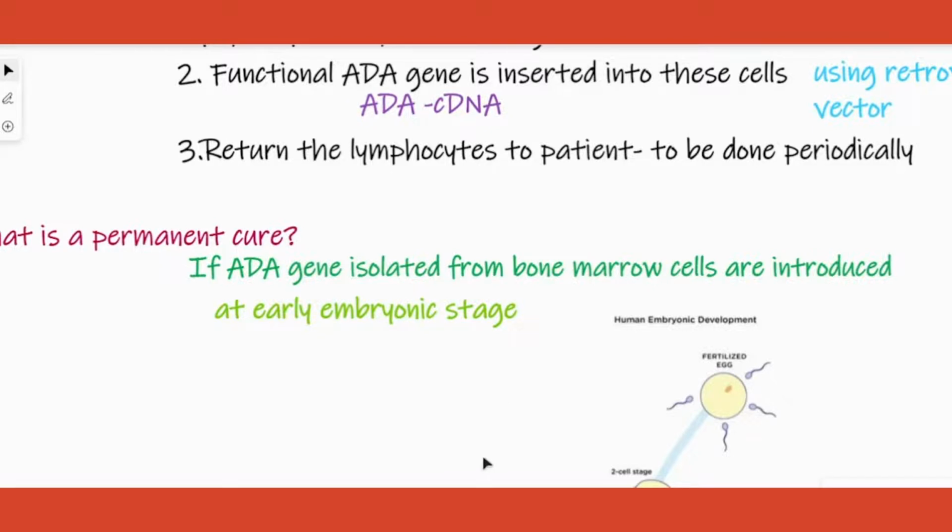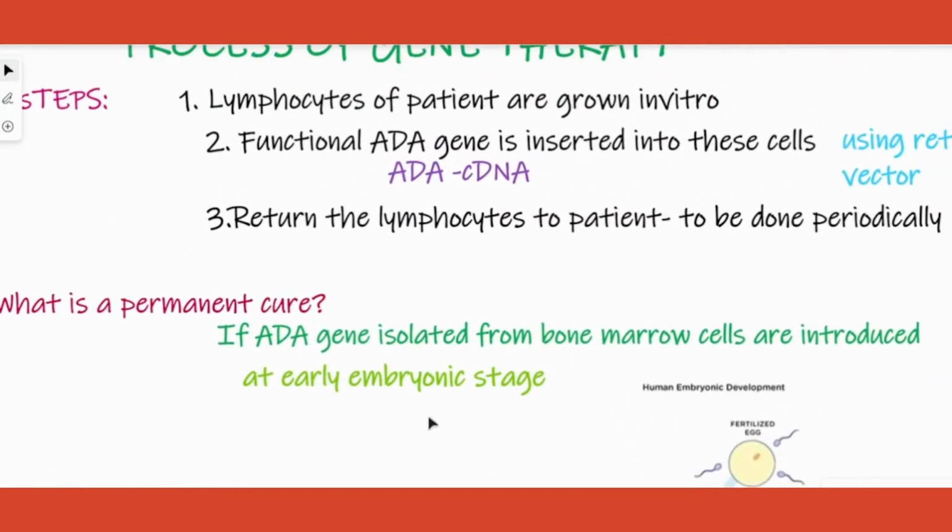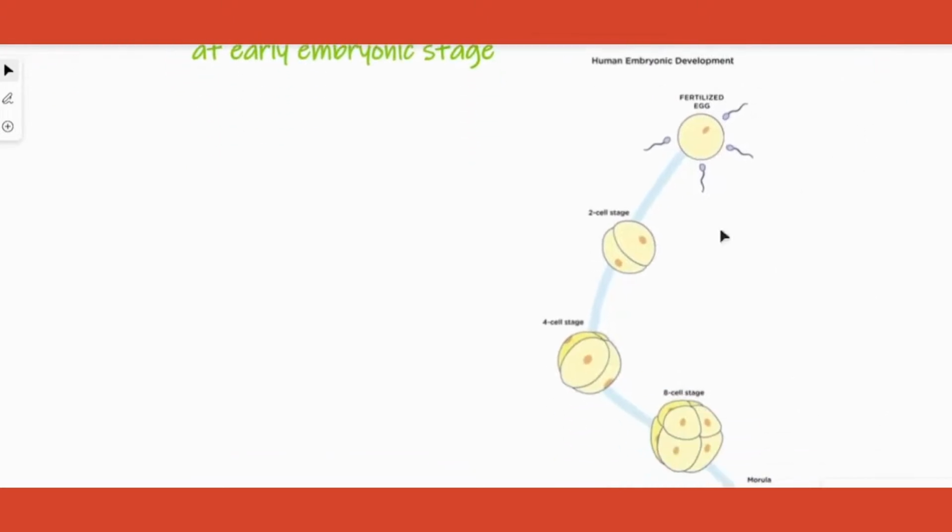Obviously with molecular diagnosis, we know that this gene defect is going to happen for this particular baby. So we need to insert this gene into the early embryo stage, maybe to the 2-cell stage or the 4-cell stage of the embryo.